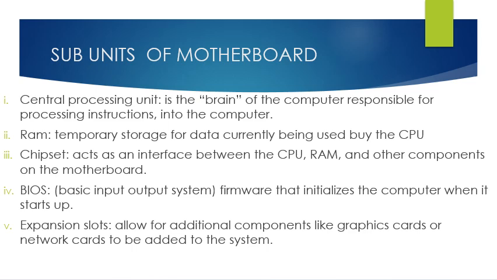Then BIOS, basic input output system, firmware that initializes the computer when it starts up. Those firmware are manufactured when the system is designed. Then expansion slots allow additional components like graphics cards or network cards to be added to the system. Expansion slots are spaces created on the system to attach external devices.